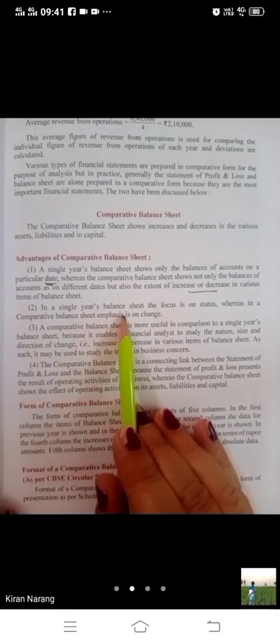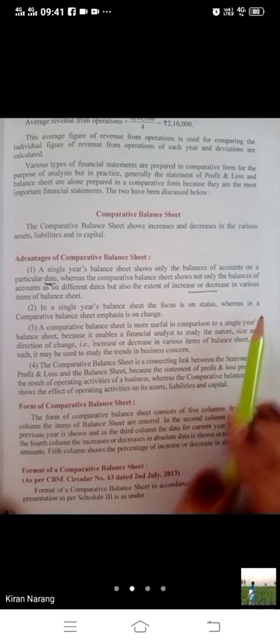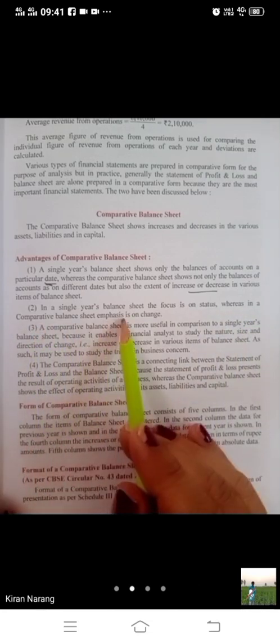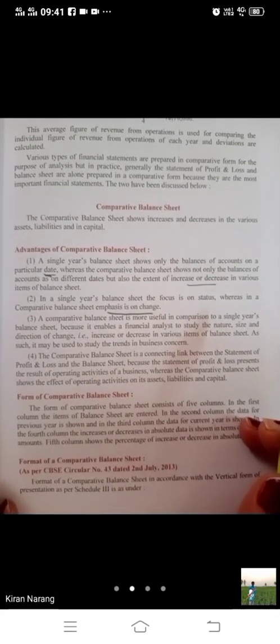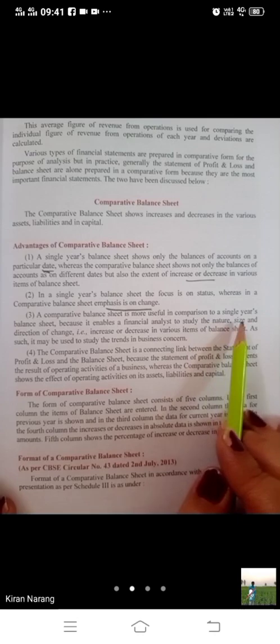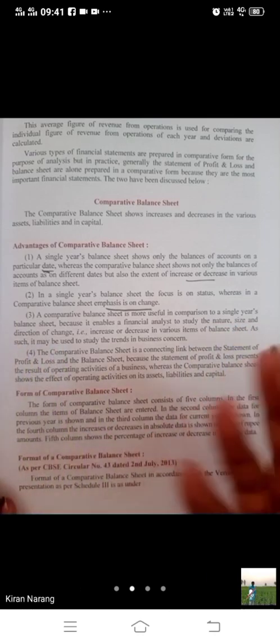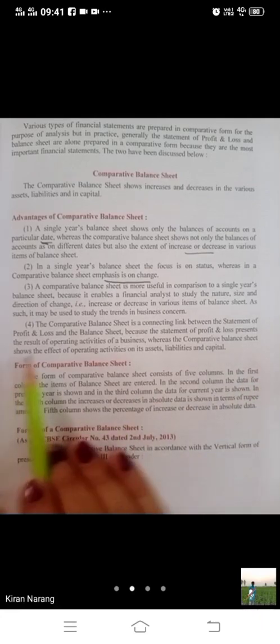In a single year's balance sheet, the focus is on status, whereas in the comparative balance sheet the focus is on change, what is being changed in two years. A comparative balance sheet is more useful in comparison to a single year's balance sheet. We can draw many conclusions and take help in decision making.